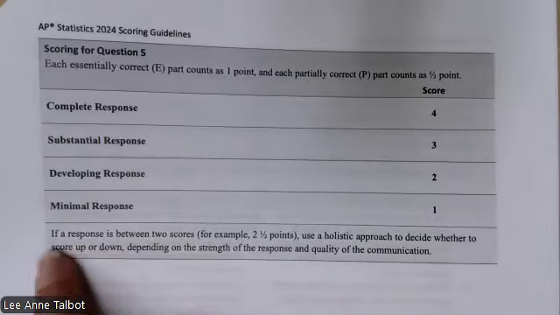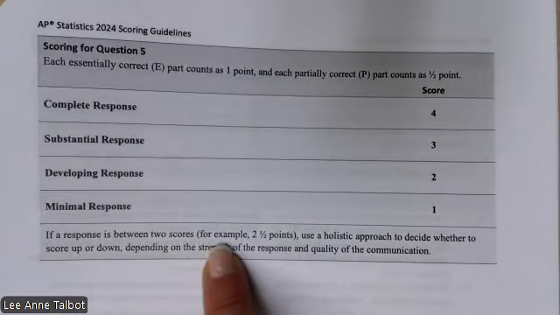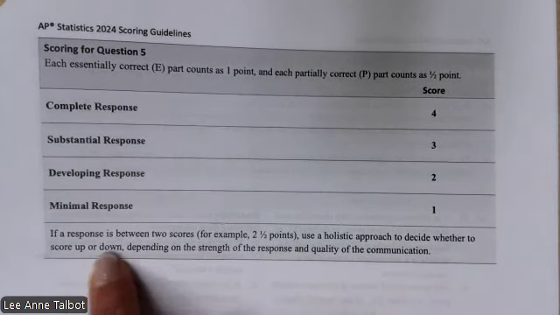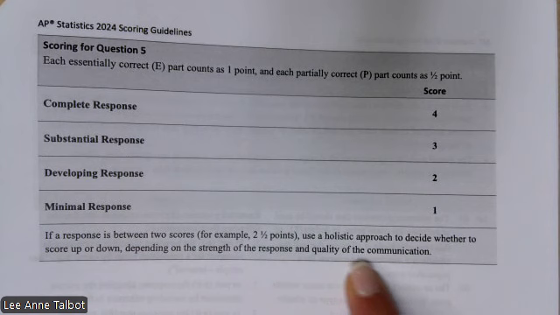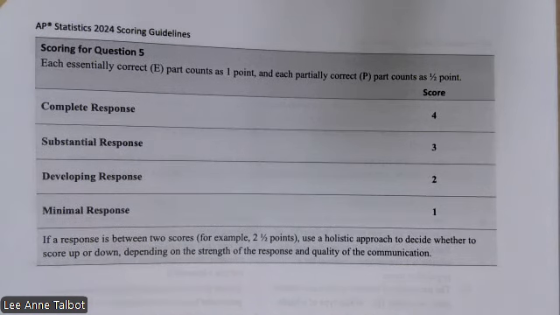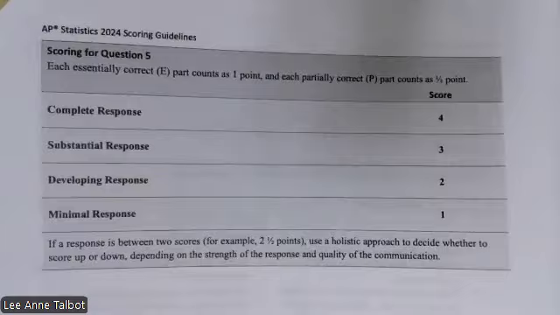Have you guys ever read this before? If a response is between 2 scores, for example, 2.5 points, use a holistic approach to decide whether to score up or down depending on the strength of the response and quality of the communication. So if they give you like a 3.5, it's up to the person whether or not you round up or down. I hate that. I really hate it a lot. As a math teacher, I really don't like that.